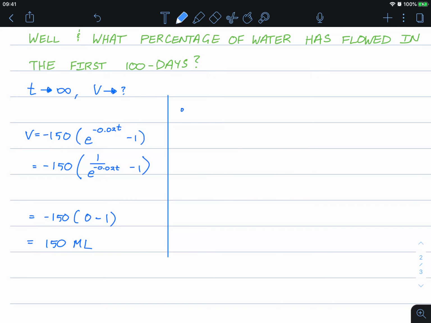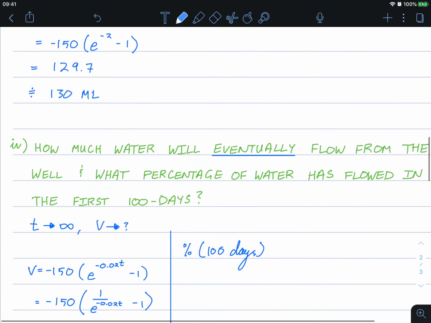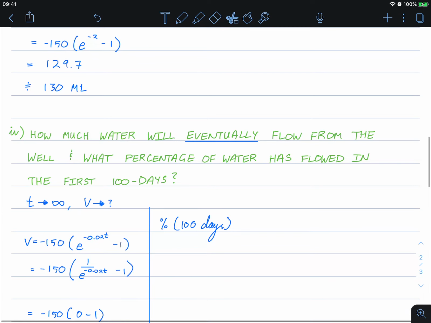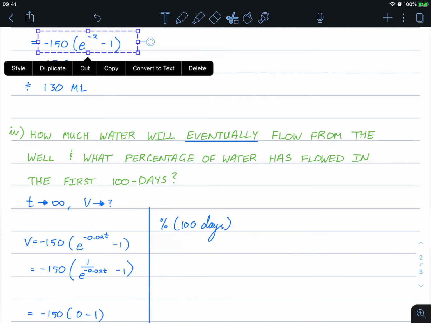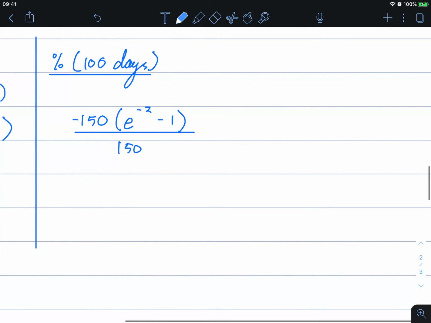Now to find the percentage in the first 100 days, we take our calculation and we divide it by the total, 150. It's going to be a percentage, so let's multiply by 100.